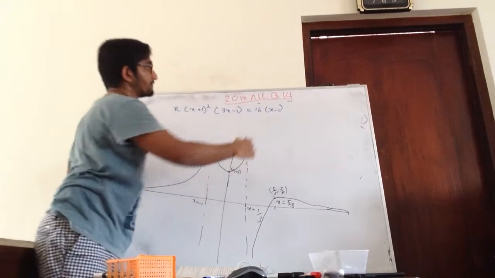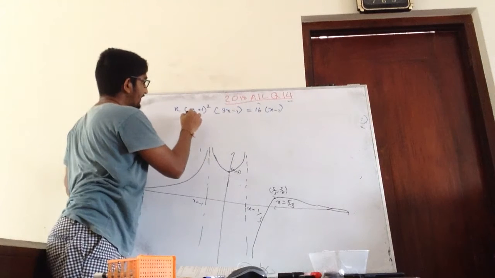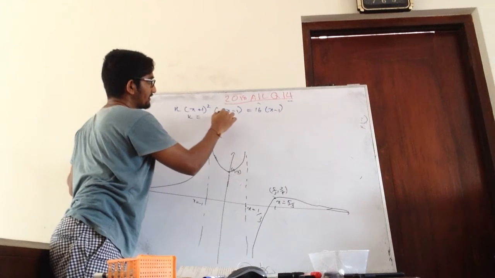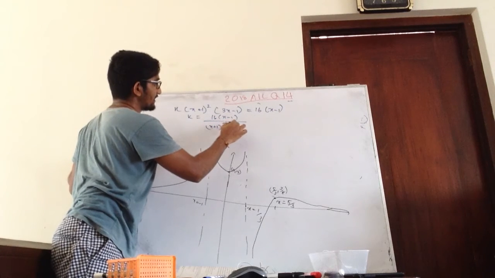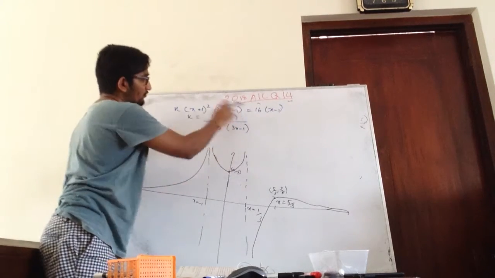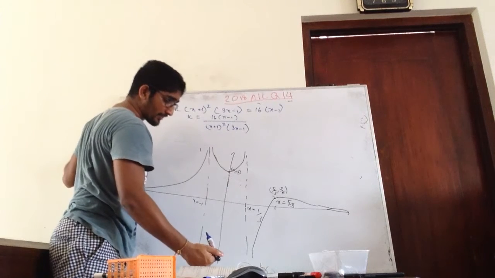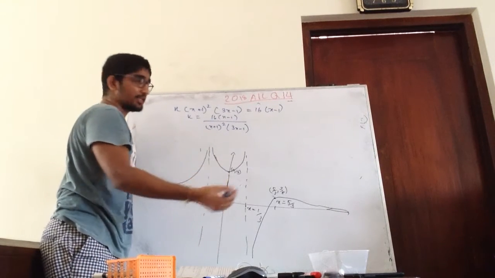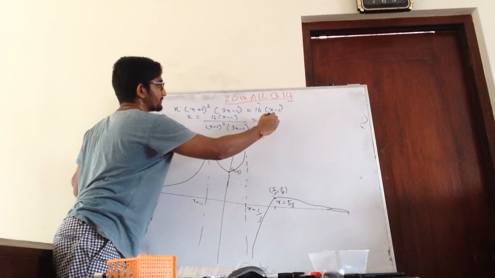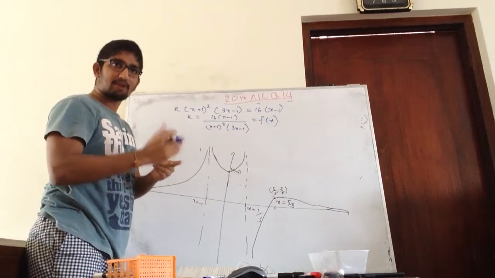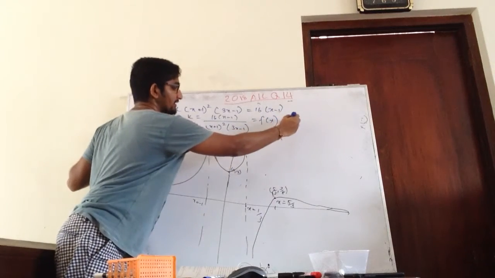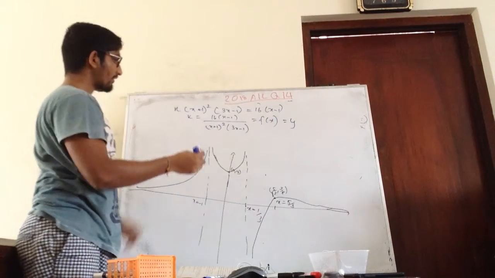Right, so I can write k as (16x minus 1) over (x plus 1) squared (3x minus 1). So what is this? This is the exact same thing as f(x). So what's the meaning of f(x)? f(x) is the y value. That is basically height. Right?